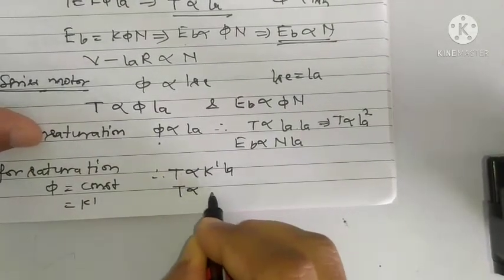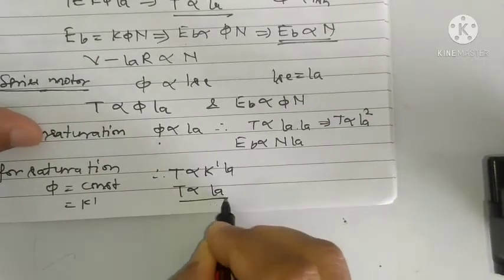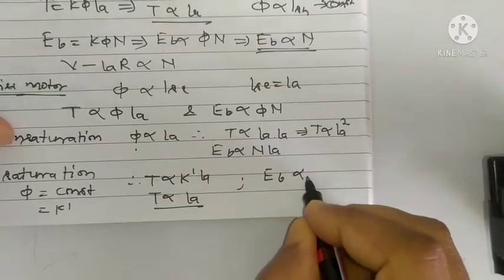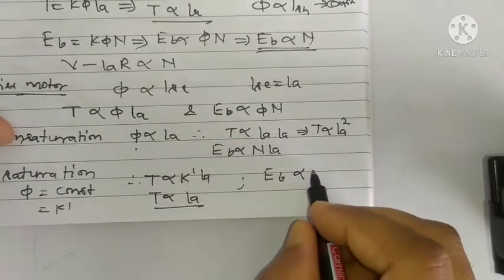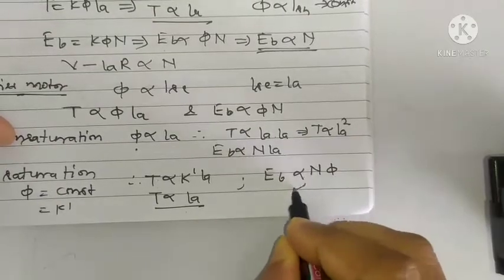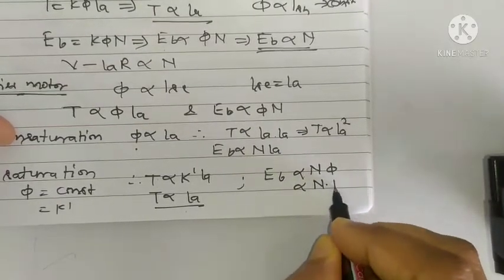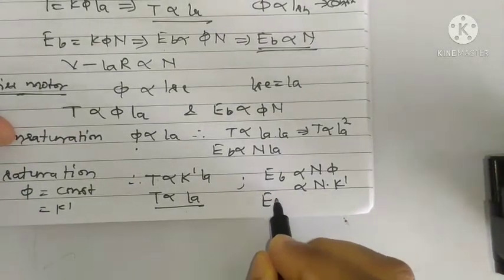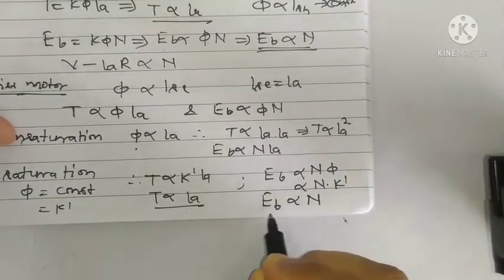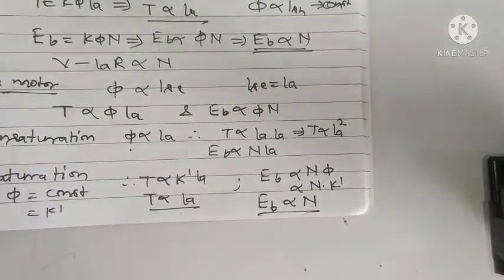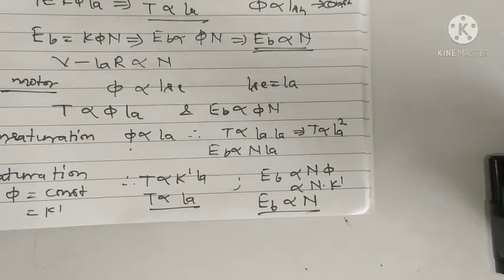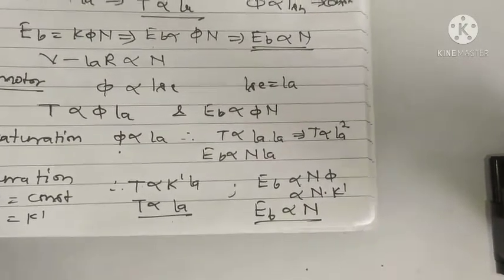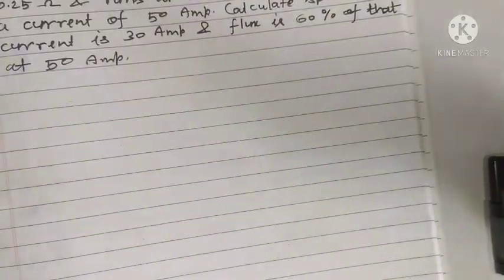K dash is constant, so I can write torque is directly proportional to Ia only, and EB is directly proportional to, we know N phi, or directly proportional to N into K dash, because phi is replaced by K dash, which is constant, or I can write EB is directly proportional to N. So this is how we can relate torque, speed, back EMF to solve numericals. So let us proceed to a few numericals.